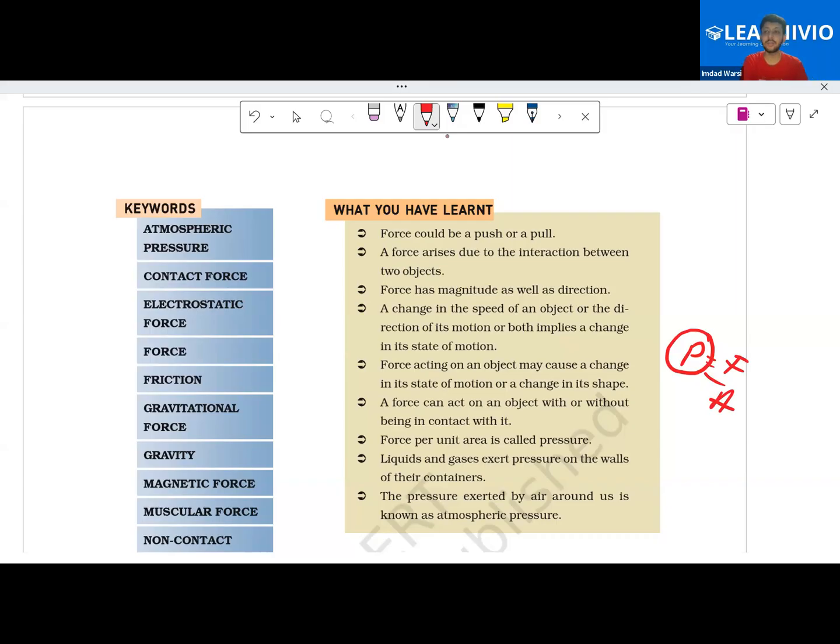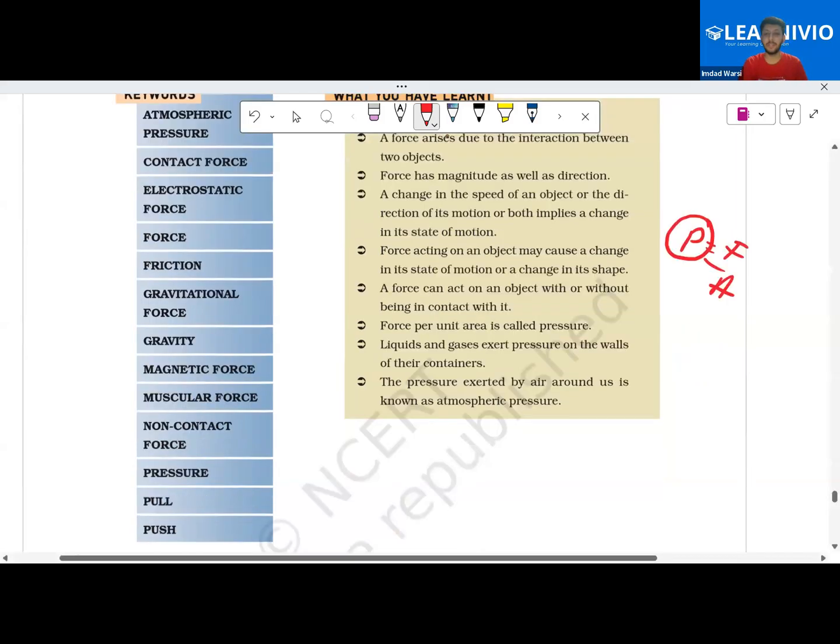Electrostatic force is a type of non-contact force where charges create this force. Force we know, friction. Okay, that's all.